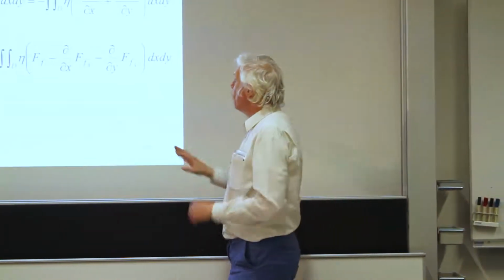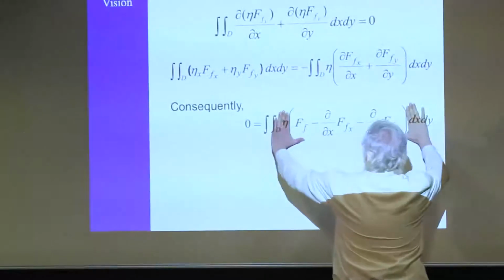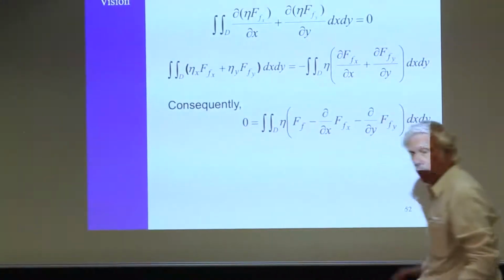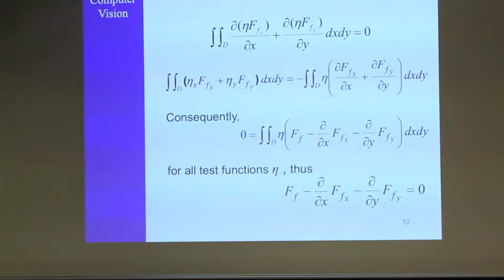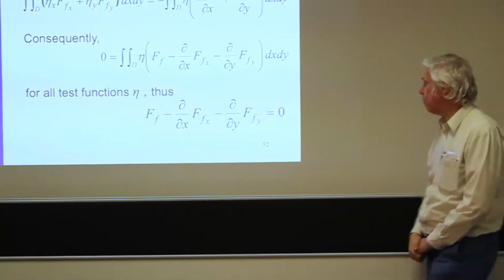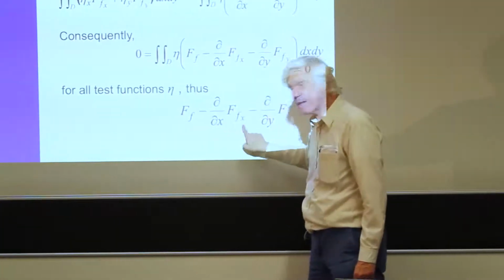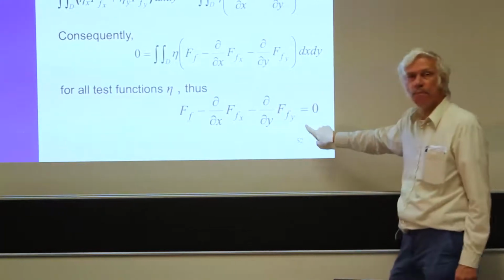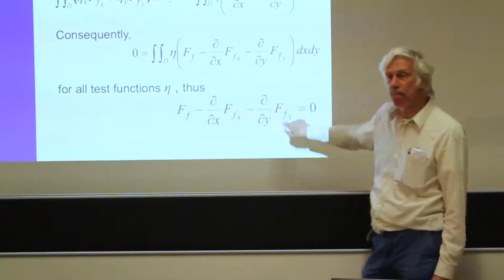Now that can only always lead to a 0 here if the thing between brackets itself is 0. So that is now the new Euler-Lagrange equation in case we have not one but two independent variables. And you see, it's the same as before, but now we have this additional term. And the same as the term for x, but now for y.